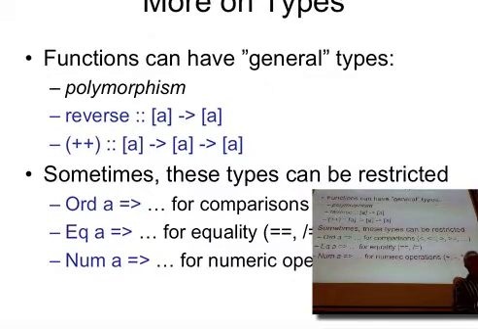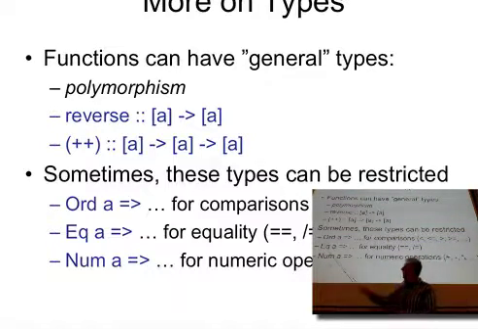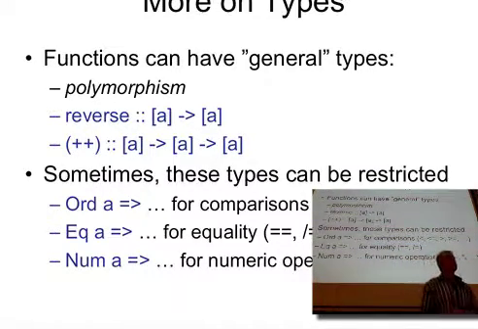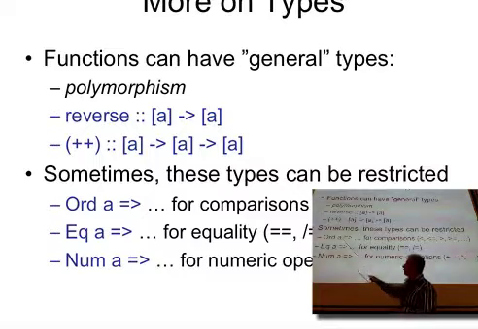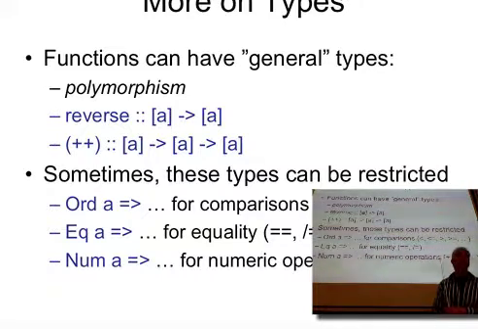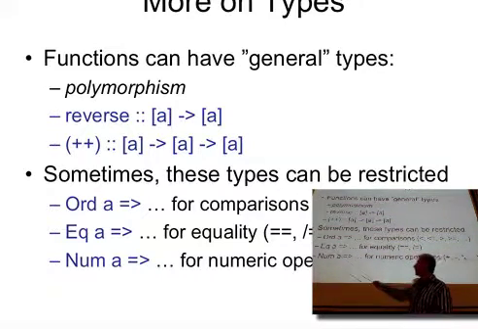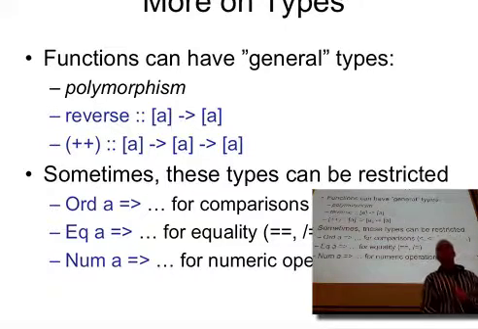And so a function of that type would require that you can perform the operation on any list of things you like, providing the things have an equality operation on them. We'll see some more concrete examples of this later on. And these are the standard built-in classes that you will come across quite often, namely Ord, Eq, and Num for different kinds of numeric operations.